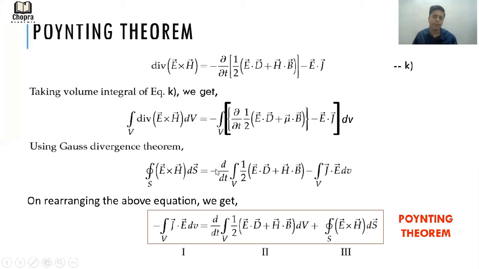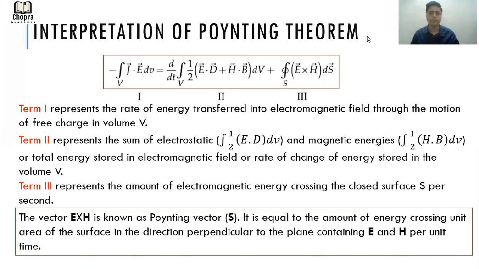So right hand side remains same as this was. So I have just opened the right hand side. So on rearranging the above equation, I get minus integral over volume J dot E dv is equal to d by dt integral half of E dot D plus H dot B dv plus integral E cross H ds. Now this equation is called the Poynting theorem.